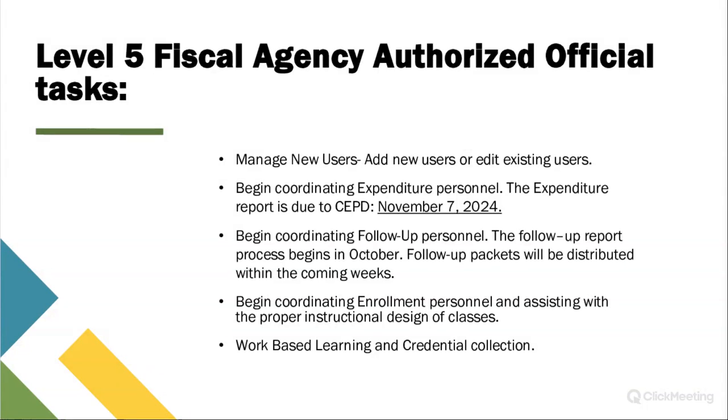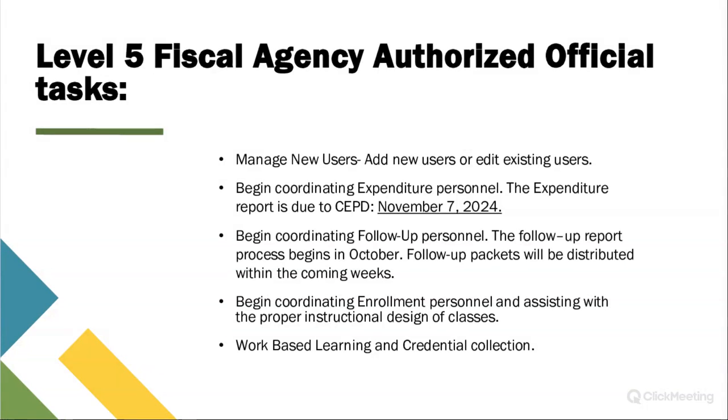The level 5 fiscal agent is the one authorized to use the managed user screen in the CETEIS application. So if you have the managed users role, you will be able to add new users or edit existing users within CETEIS. We're going to go over that in our demonstration. I said that this is a combined training for level 5 and CEPD administrators, but that is not a CEPD administrator task. This is a level 5 task.